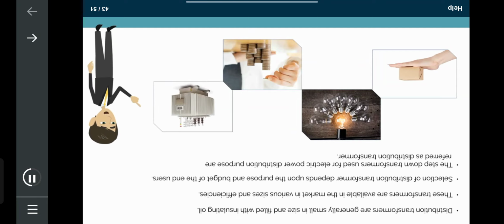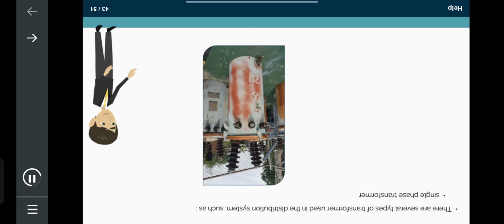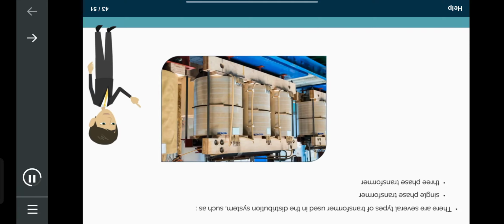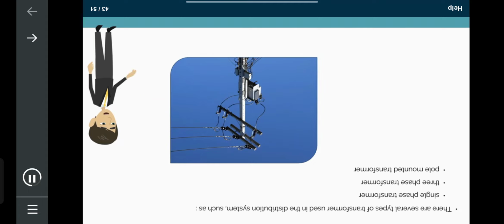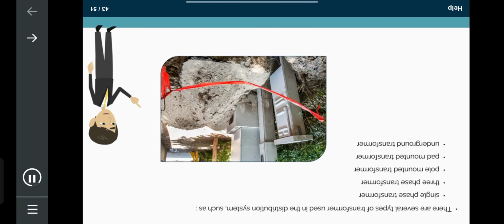The step-down transformers used for electrical power distribution purpose are referred to as distribution transformer. There are several types of transformer used in the distribution system, such as single-phase transformer, three-phase transformer, pole-mounted transformer, pad-mounted transformer, underground transformer.